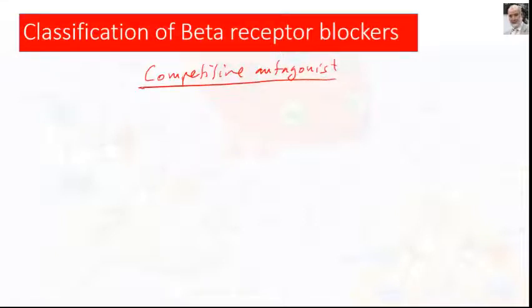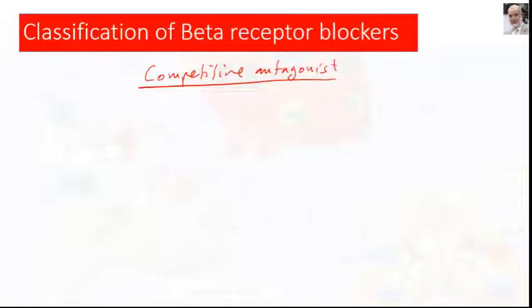And we know what competitive antagonist means: both beta blockers and noradrenaline compete on the same receptor, and whichever is present in higher concentration will take over the receptor. So beta blockers all are competitive antagonists at the adrenergic beta receptors. So how do they differ? They differ in many properties, as we will see now.